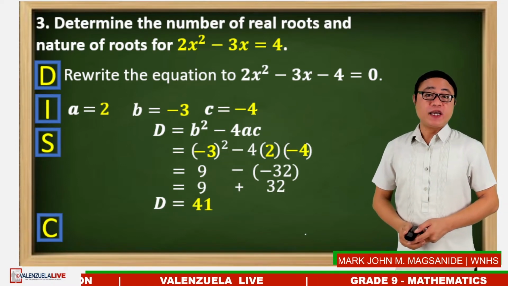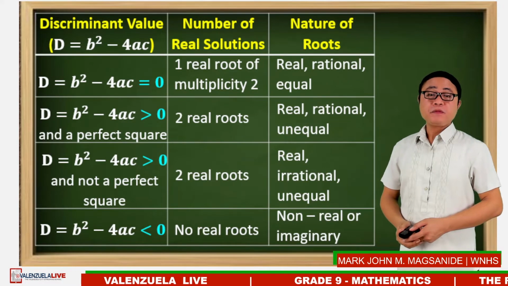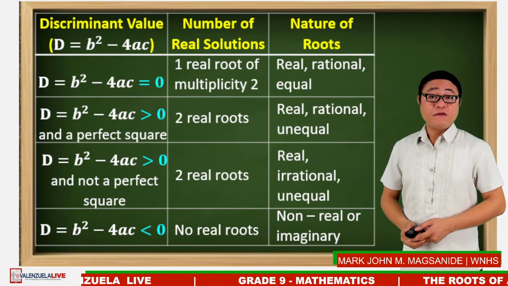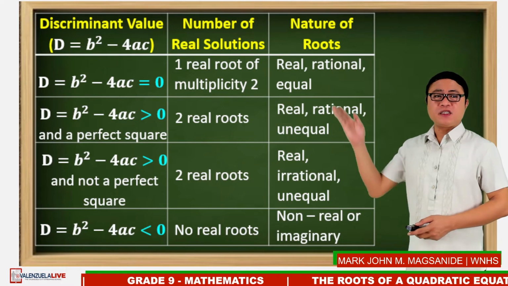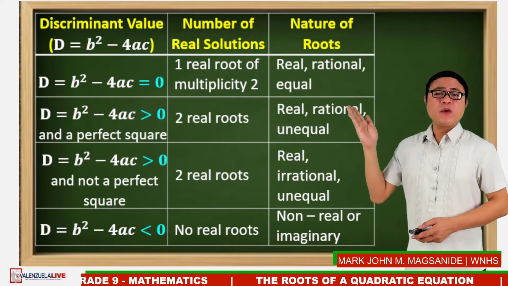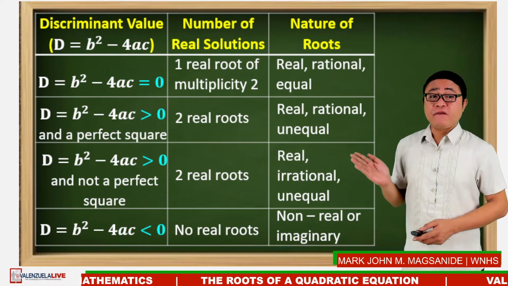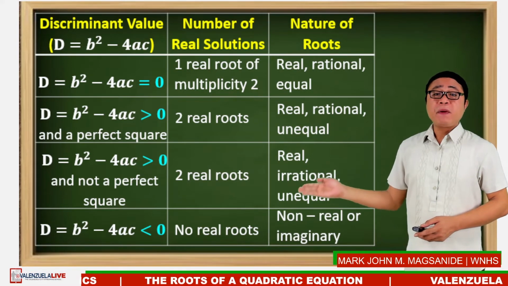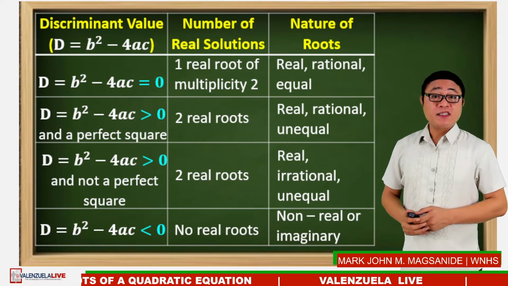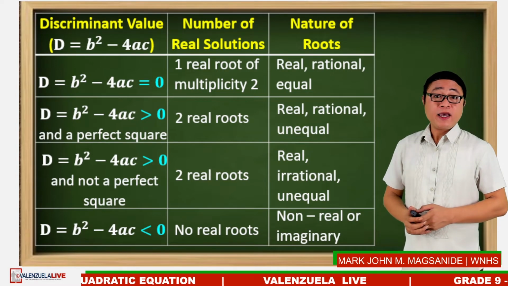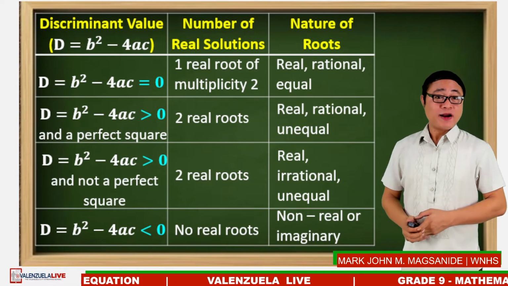The final step is checking the table. Take note that the value of D is positive. And there are two cases if D is positive. That is when D is a positive perfect square value or a positive non-perfect square value. 41 is the computed value of D, and it is not a perfect square.